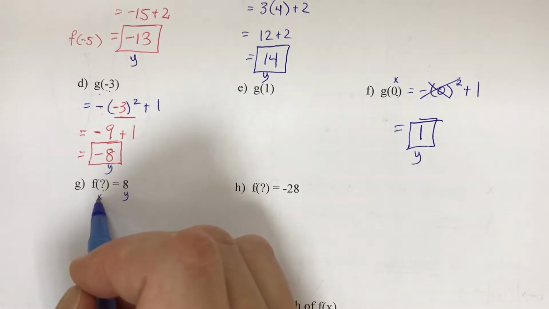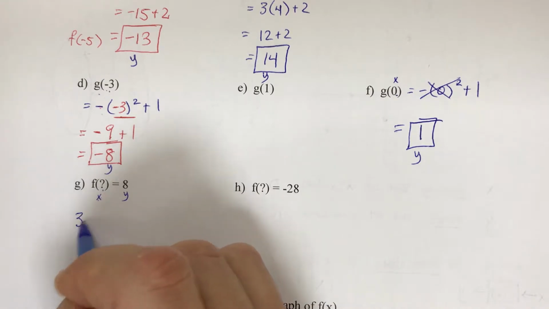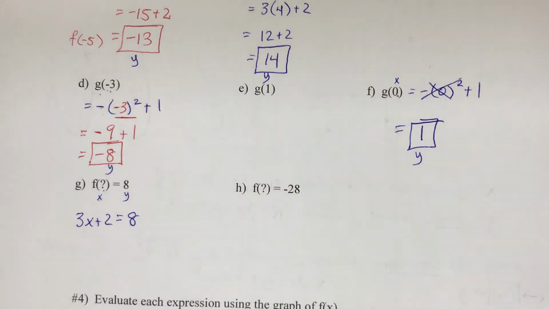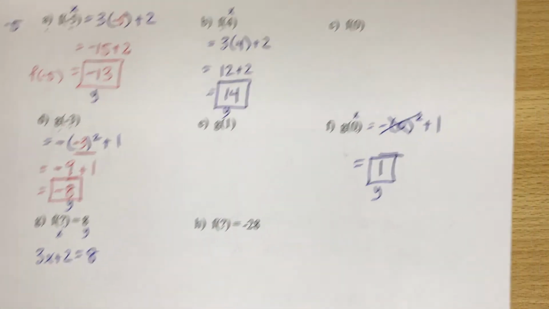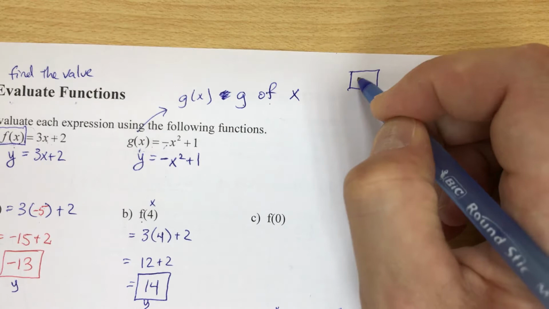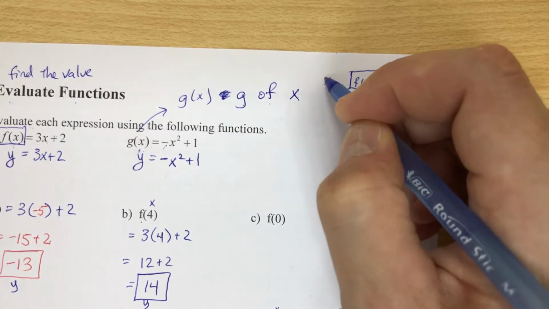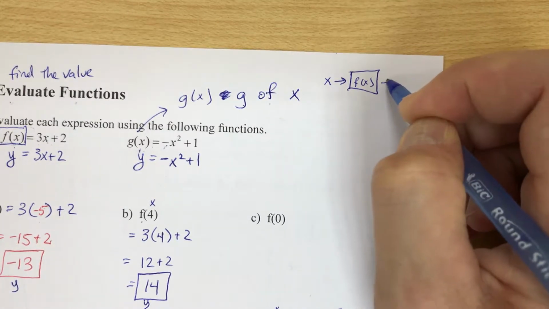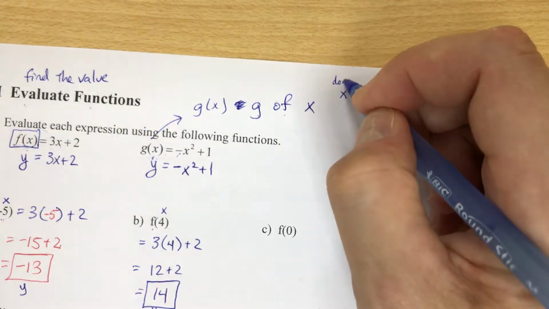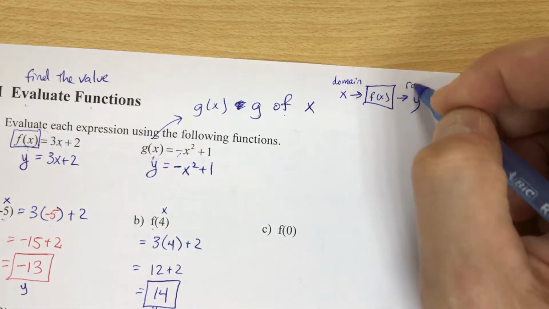So what I'm going to do, the f function was 3x plus 2. They're telling us now the outcome. When we're doing a function, okay, I'm going to write this at the top. So I talked about the function machine. We take an x, we put it into the function, and what comes out is the y value. Domain is x, range is y.